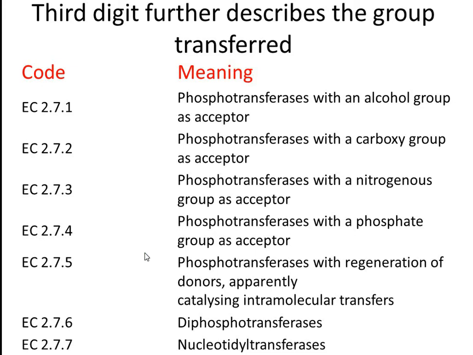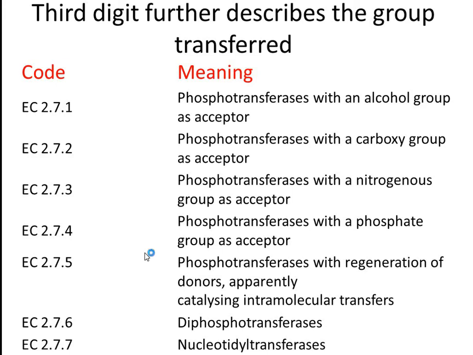If it is 3, then these are the phosphotransferases with a nitrogenous group as an acceptor. If the third digit is 4, then it indicates that these are the phosphotransferase enzymes with a phosphate group as an acceptor.